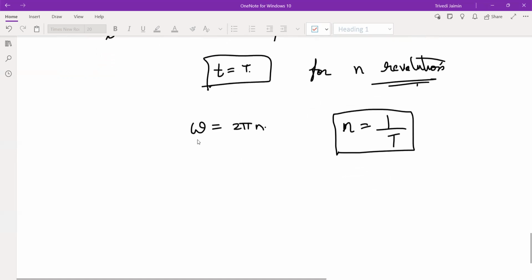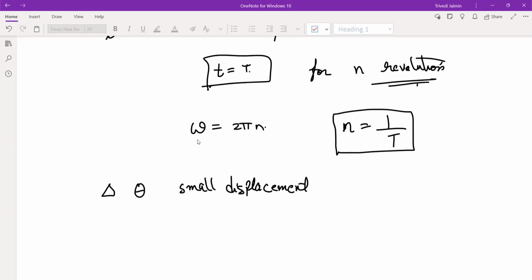Okay. Now suppose there is a small theta, which is small displacement made in small interval of time.